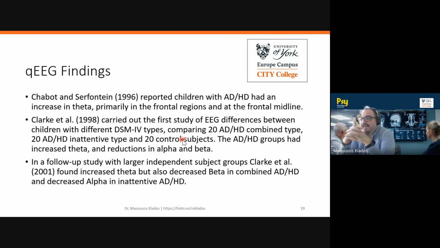In a follow-up study, the same group 3 years later found increased theta but also decreased beta in the combined type, and decreased alpha in the inattentive type. And I spoke mainly about ADHD because ADHD is the flagship of neurofeedback.